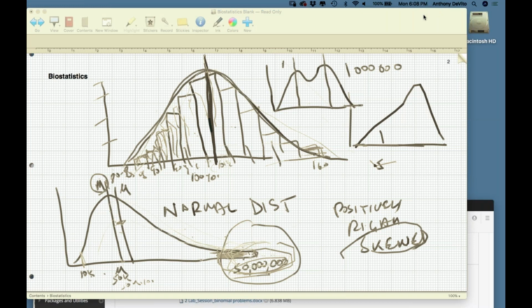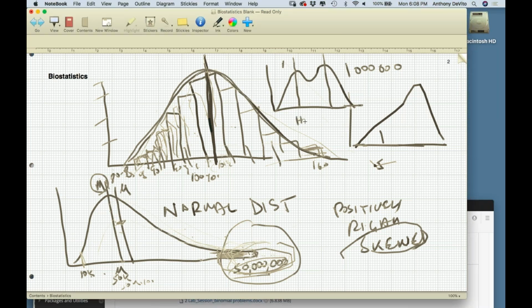Well, how about if I told you that this represents the heights of students in Hunter Heights, right? This is the heights. Well, why would they be bimodal? If you combine the females and the males into one single distribution, chances are the females are going to have one mode, one average or mode, and the males are going to have a different one that's just going to be bigger.